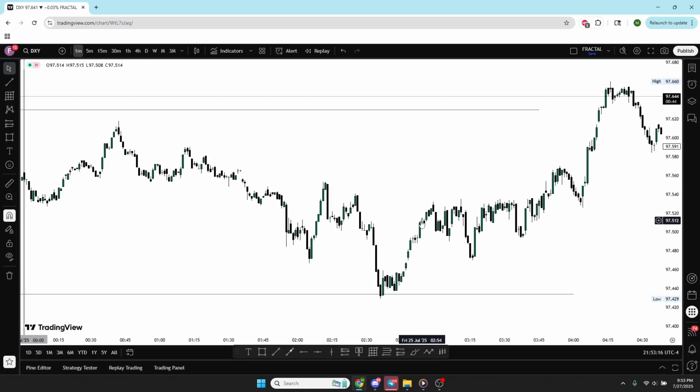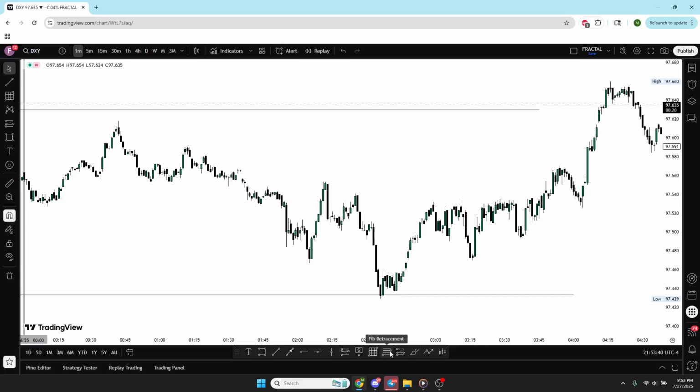This is a strong move. Mostly green candles and it's pretty quick. As well, we're breaking this old high here. So once we break that quickly, strong move up, we look for a retracement lower and we get it here around 3 a.m. Still the heart of the London Open.